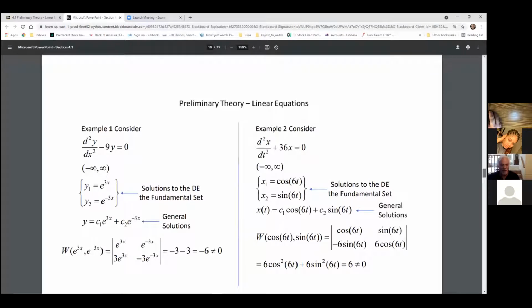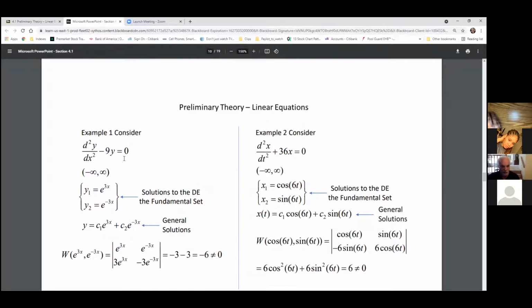So here's an example, all right? The solution to this differential equation, well, first of all, the interval is from minus infinity to infinity. It could be some interval, but nevertheless, it has to be some interval. I know we don't know how to solve this yet, but hopefully we're going to learn how to solve this differential equation today. Hope to get to that.